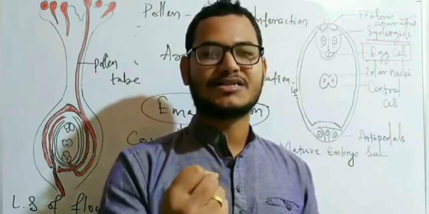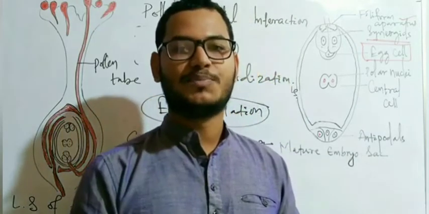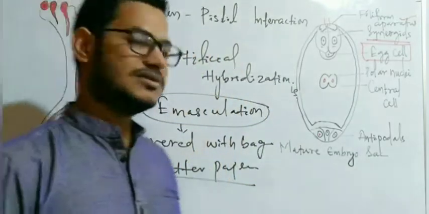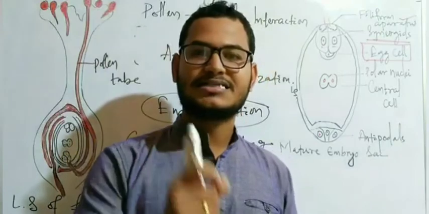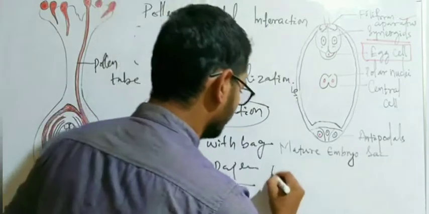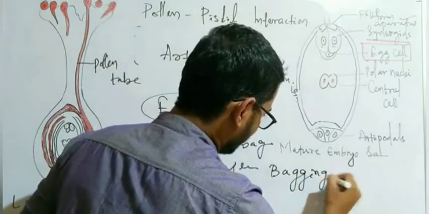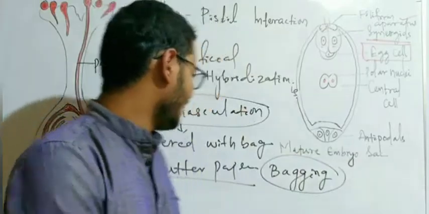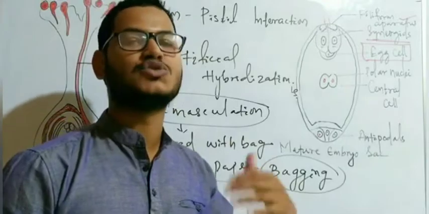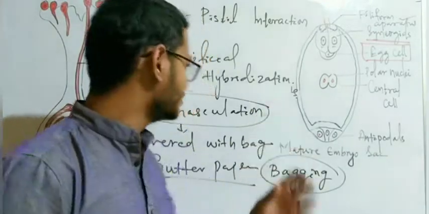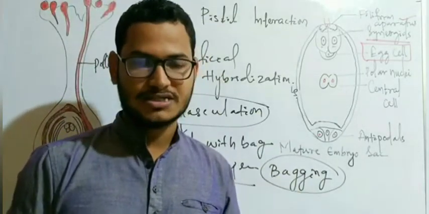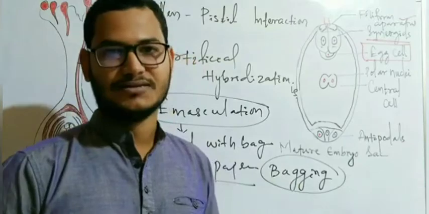To prevent contamination of its stigma with unwanted pollen grains, it is covered with a bag of suitable size made of butter paper, and this process is known as the bagging technique. It is called the bagging technique because a bag is used to cover the flower, which prevents natural pollination. Artificial hybridization is necessary in order to get a good or new variety of plant.